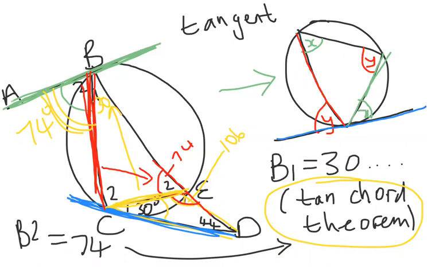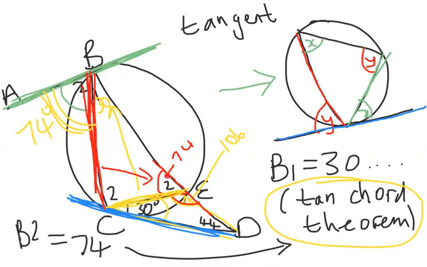So let me just highlight again. What we want to look at is a tangent and a chord. For this one, we use this tangent and this chord, and the opposite angle of this yellow chord over here was the 30 degrees. Therefore, if we use this tangent chord theorem, the angle between the chord and the tangent will equal the opposite angle. That's why this C1, which was 30 degrees, is between the blue tangent and the yellow chord, and the opposite angle is the 30 degrees.